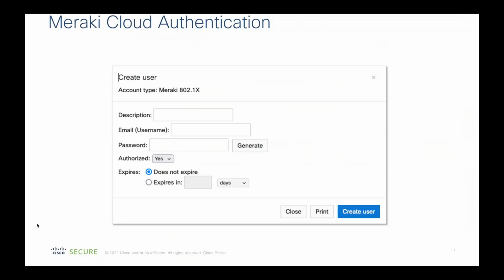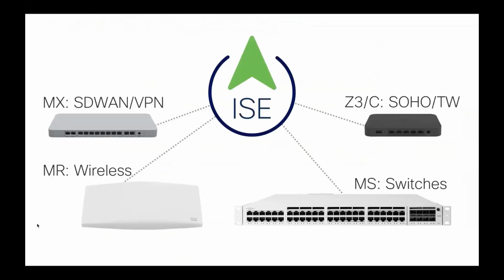You can do either random accounts, or you can submit a CSV file with users' names and email addresses and things like that, and it will bulk create guest accounts for you. So if that's something you're looking to do, that may be another area where ISE could help you, if you're looking to do events and give people wireless credentials for your events.